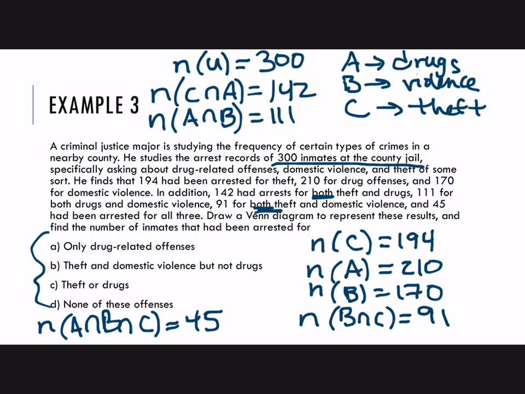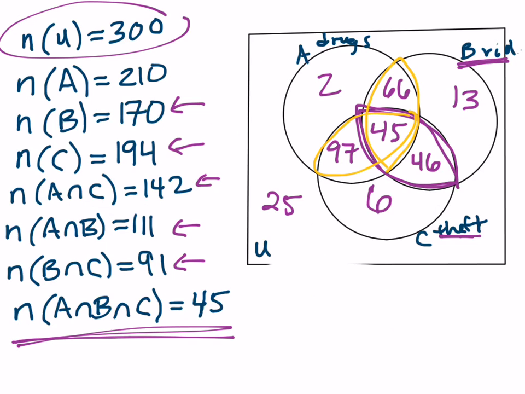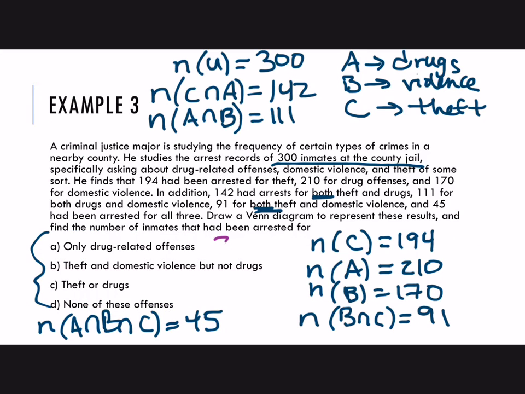People who committed only drug-related offenses. That's these people, 2 people. Theft and domestic violence, but not drugs. Theft is set C, and domestic violence, and is an intersection.